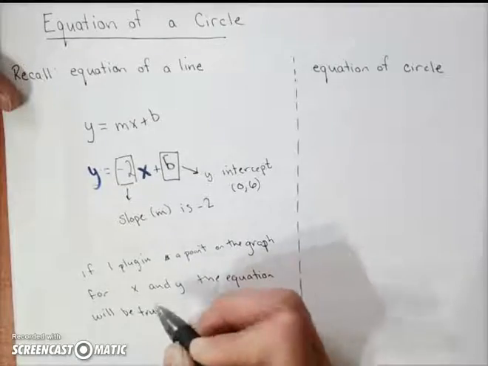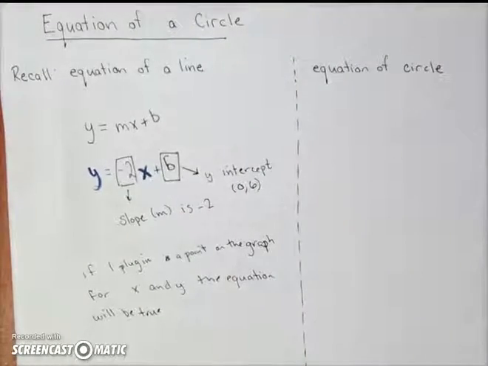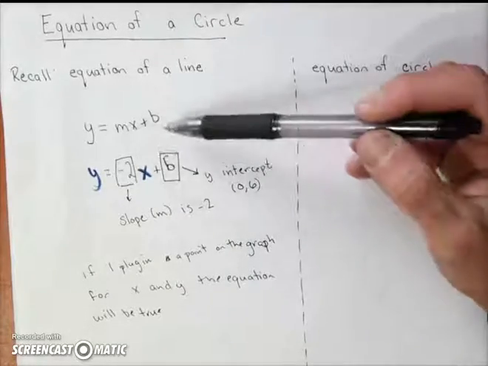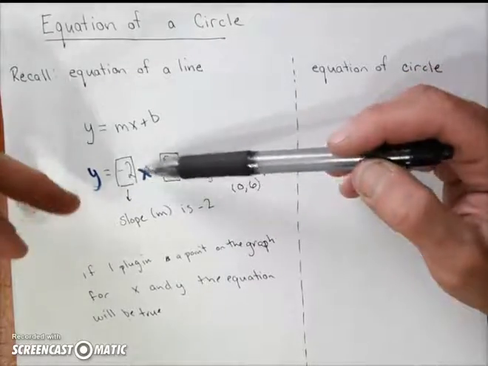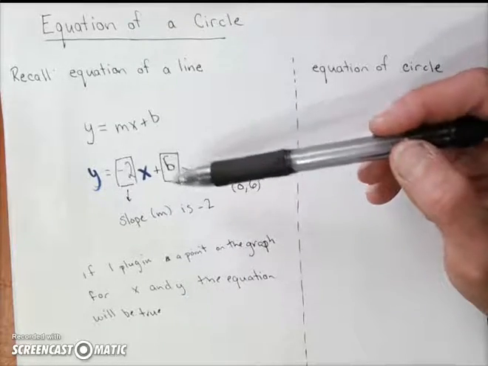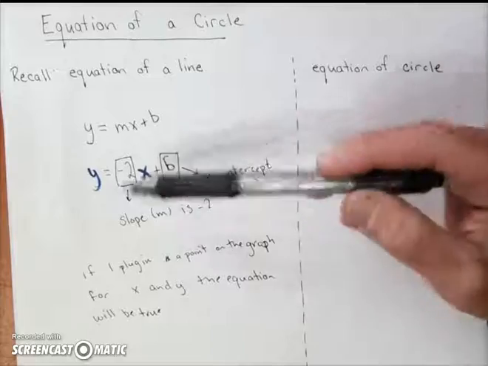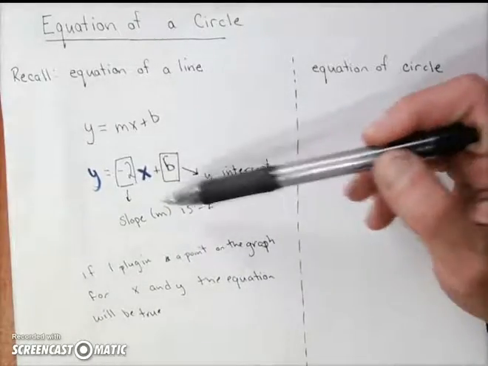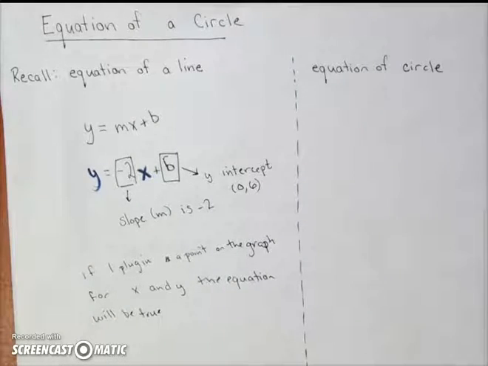So these are the two important things that we understand about the equation of lines at this point: that the m and the b have significance, and that the x and the y just represent that there are lots of points on this graph, and the coordinates for each of those satisfy this equation. So we leave it with the x's and y's. We don't have to have all numbers or anything like that.